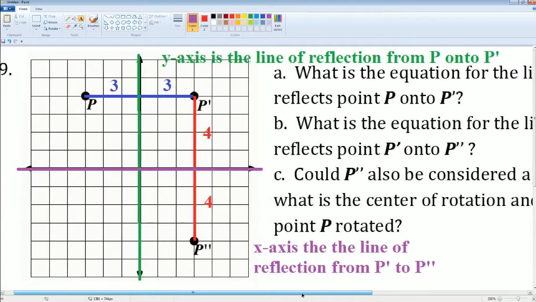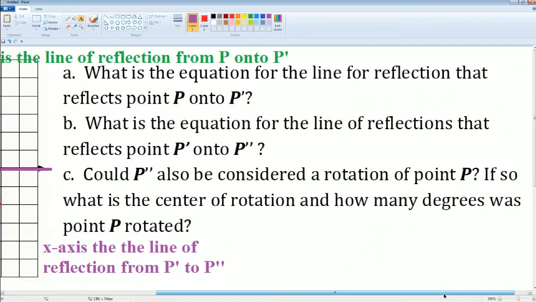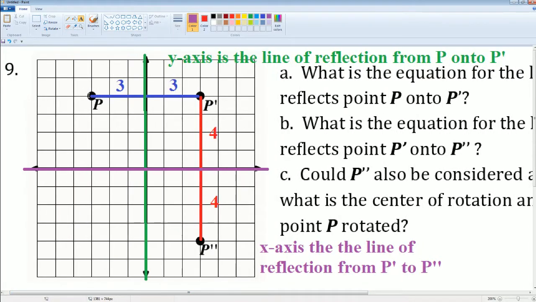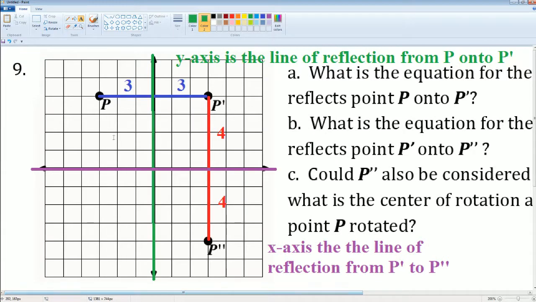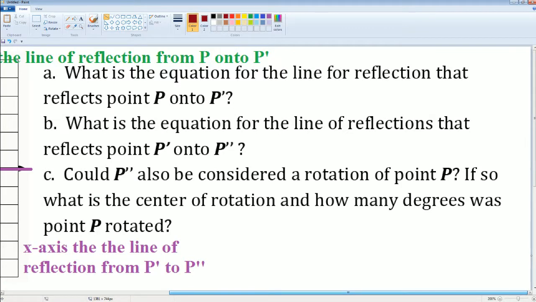Next, it says, can P double prime also be considered a rotation of P? Yes, it certainly looks like it can. Let's just check. Remember, a rotation has a perpendicular slope. So let's make that brown here. Rotation of P, and what is the center of rotation?